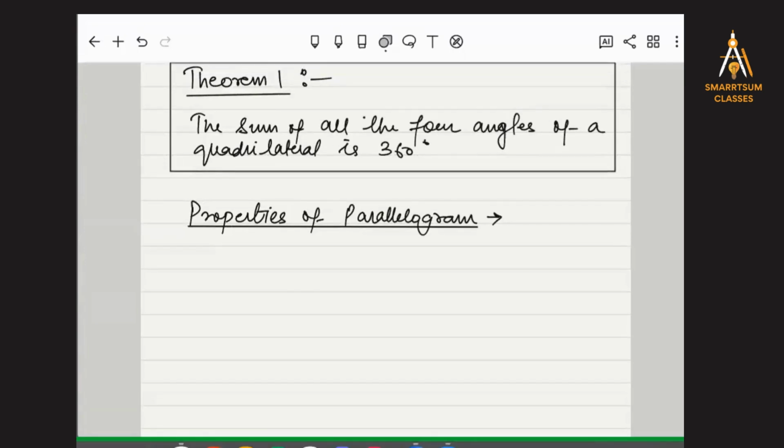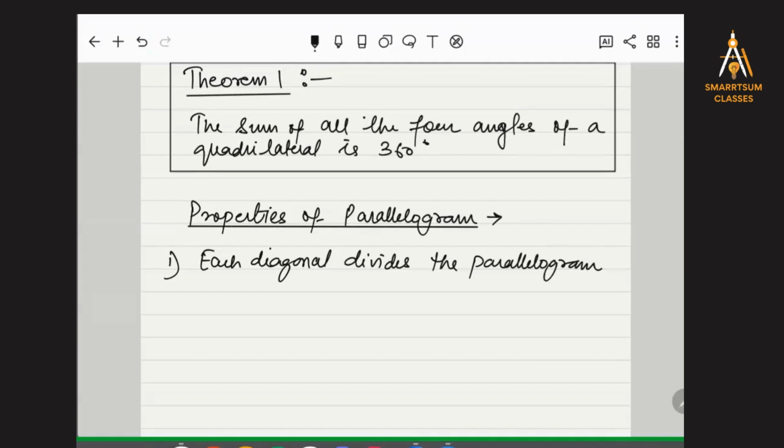Now let's see what the properties of the parallelogram are. For a parallelogram, each diagonal divides the parallelogram into two congruent triangles.